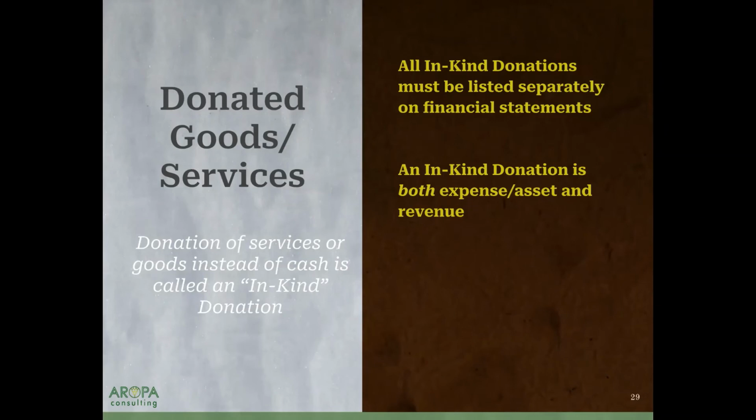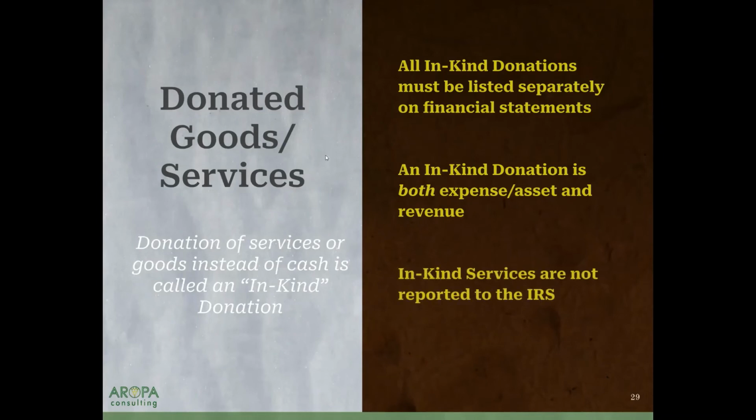The same goes if you're given an asset. So nonprofits are often donated cars or land or anything around that nature. Those are considered assets, right? Now you have inventory that you own. So that is recorded as an asset, and now as a part of your inventory, as well as revenue of an in-kind donation of a gift.